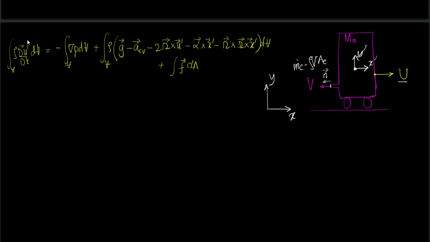All right. So what is this gonna be? Because there is no rate of change of momentum inside the moving reference frame, this entire term is gonna go to 0. Actually, this is the total derivative. Let me write down the left hand side completely.